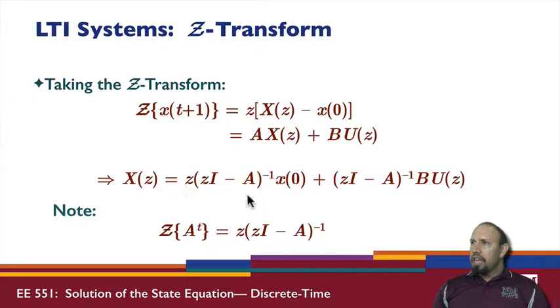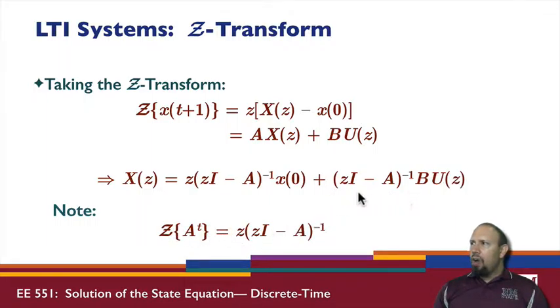The inverse Z transform of this expression we know is A to the power t. And so we have this relationship: the Z transform of the matrix raised to the power t is equal to this expression, Z times zI minus A quantity inverse. So this is the Z transform of that, and we have that relationship.